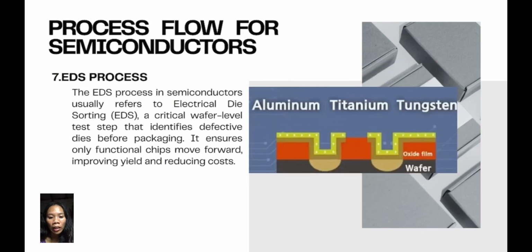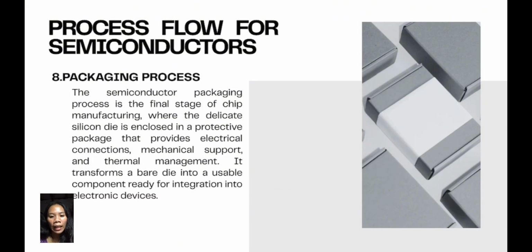EDS process. The EDS process in semiconductor usually refers to electrical die sorting, a critical wafer-level test step that identifies defective dies before packaging. It ensures only functional chips move forward, improving yield and reducing costs. And lastly, the packaging process.